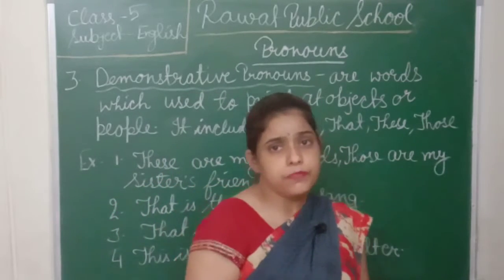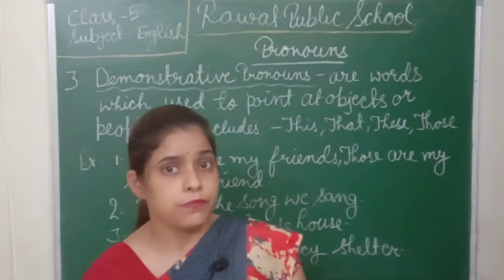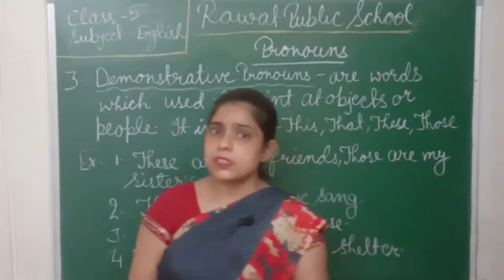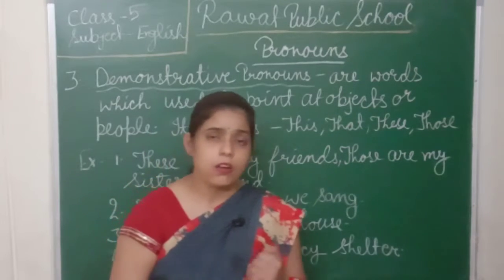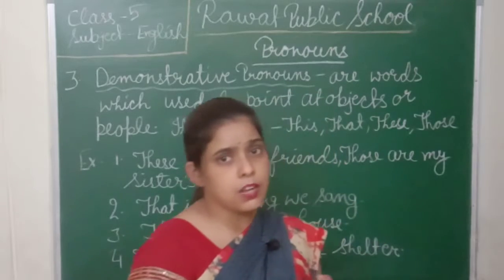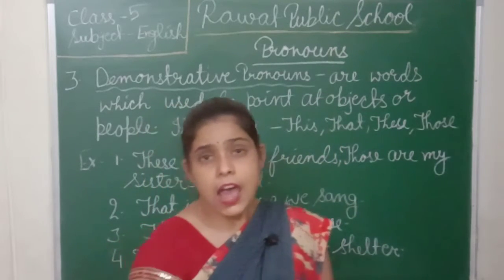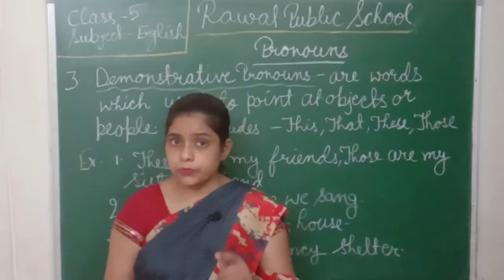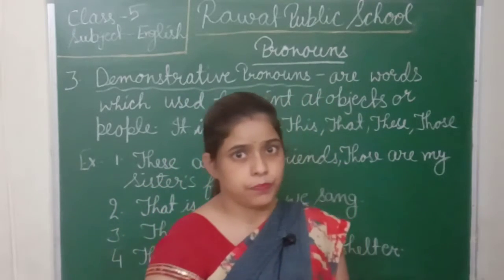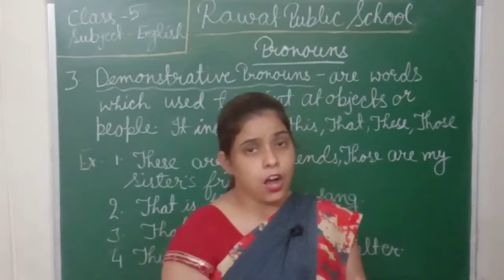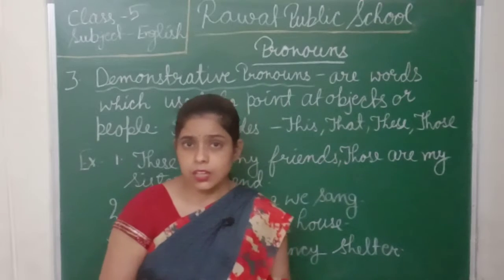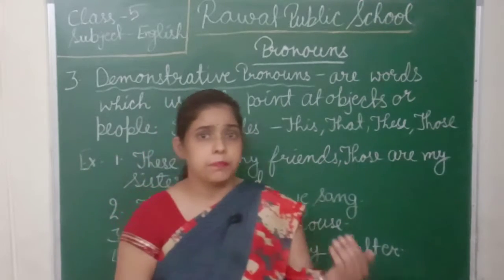A word which is used for a particular person, animals or things. That is called a personal pronoun. And we have already read about first person, second person and third person, and how we use subjective pronouns and objective pronouns.